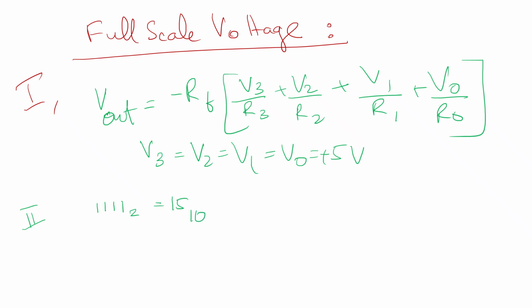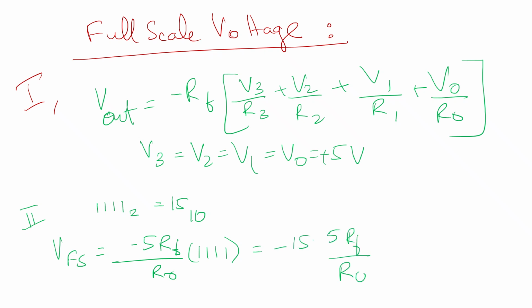The full scale value is minus 5 RF by R0, which is equal to minus 15 into 5 RF by R0.